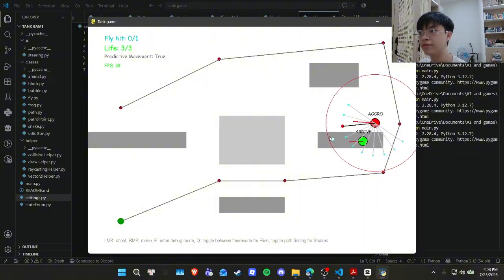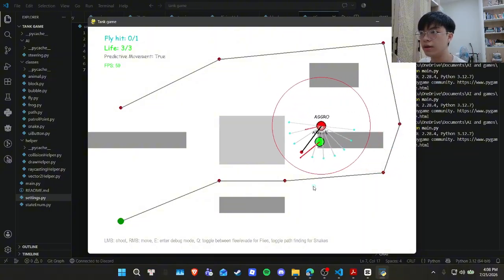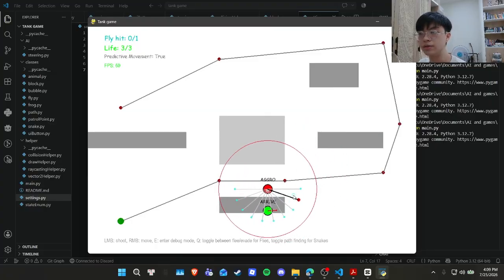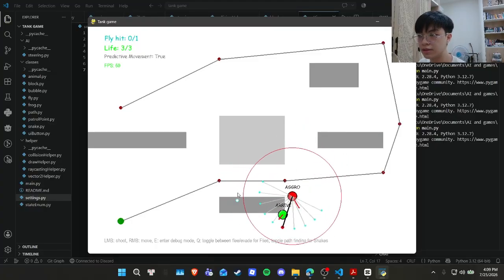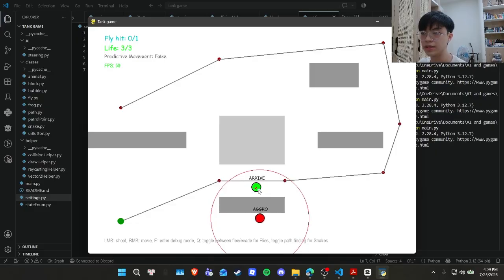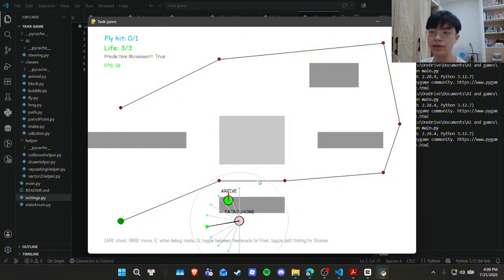It will find an empty path and try to move there to reduce the gap between the snake and the frog. When I turn it off, the snake just sticks to the wall. If I turn it on, then the snake will try to find the way to the frog.